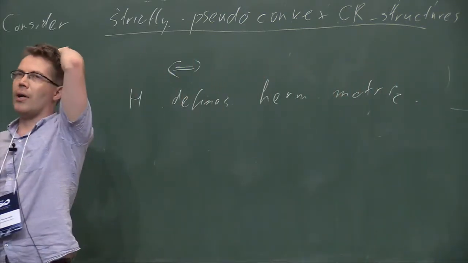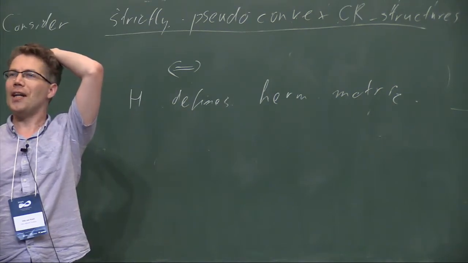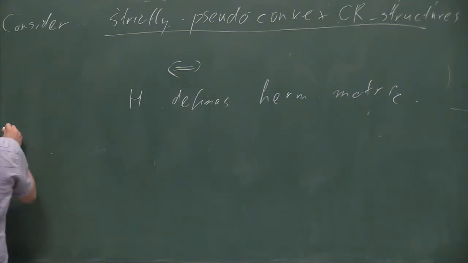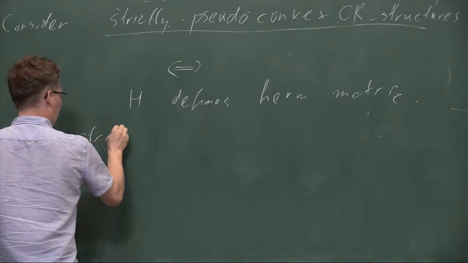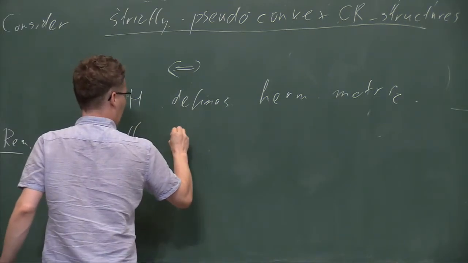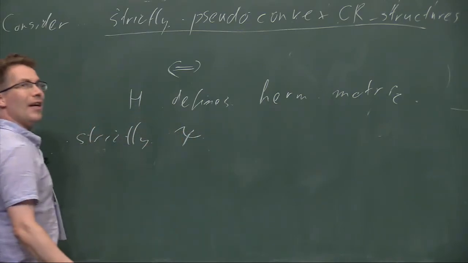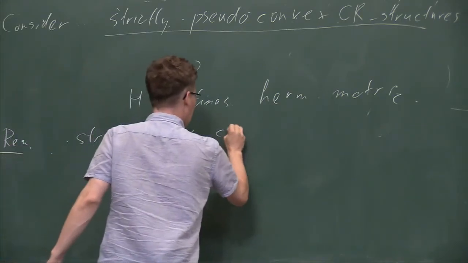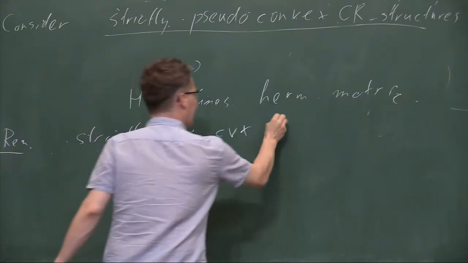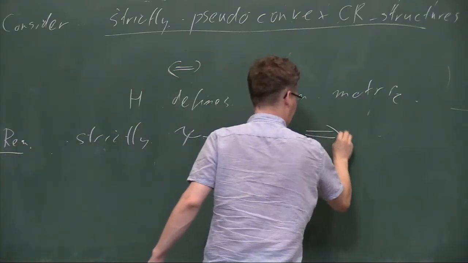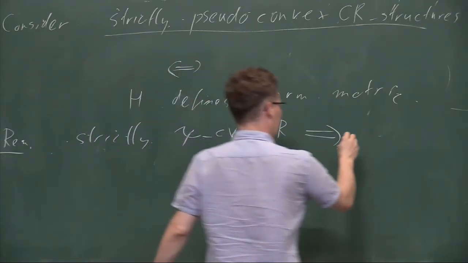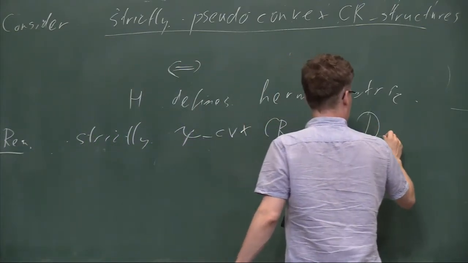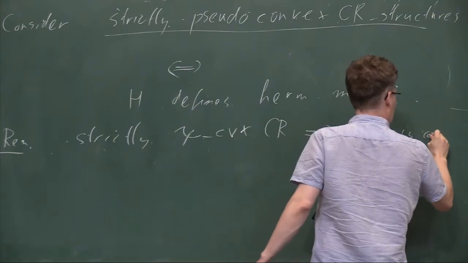Right. Okay, so now the relation with contact. I will abbreviate pseudo by this letter psi. Strictly pseudo-convex CR always implies that you have a contact structure.